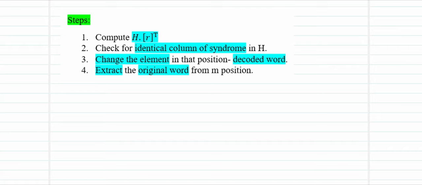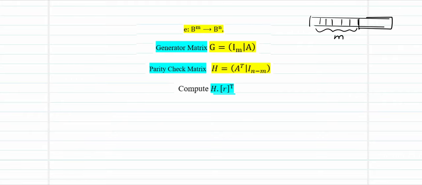So the original string is going to be of length m, and the remaining part is the quantity which has been appended, the parity check part, so that the entire string now becomes a length of n. So this part is your original word, and this is the parity check part which has been appended to it.